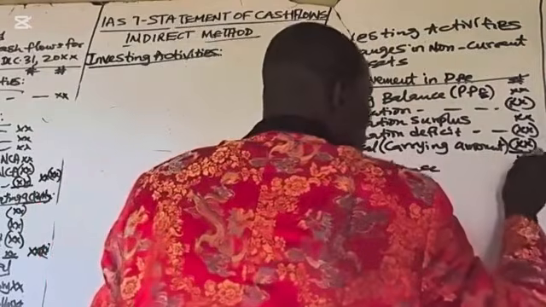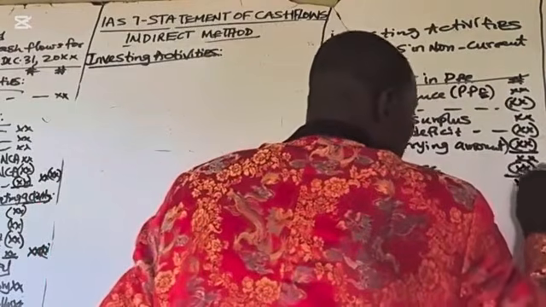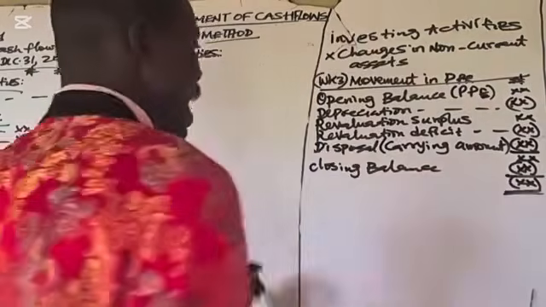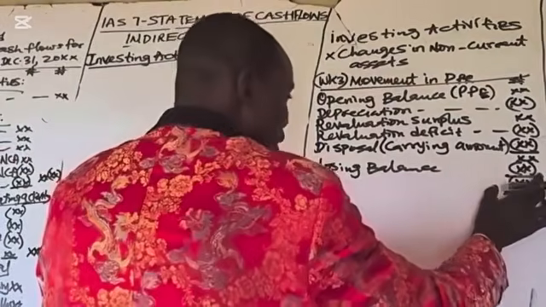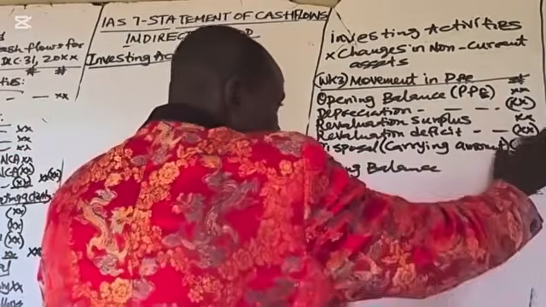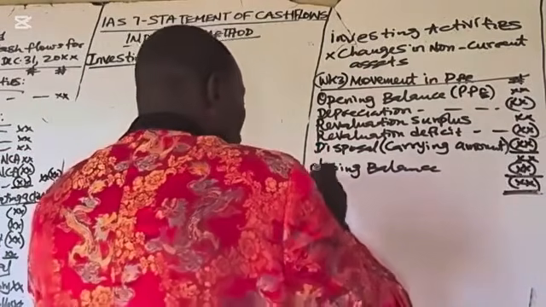So if there are acquisitions of PPE during the period, this value will be negative. The closing balance will be greater than this. So you have negative. That is acquisition.